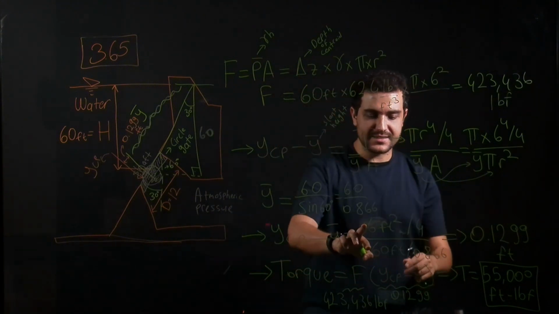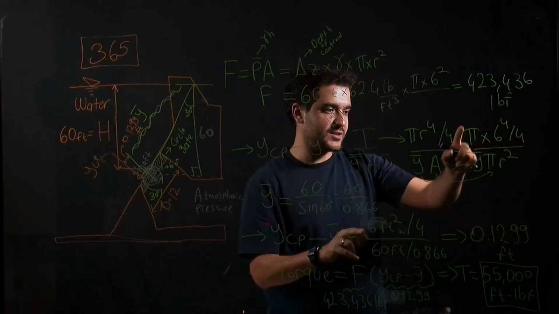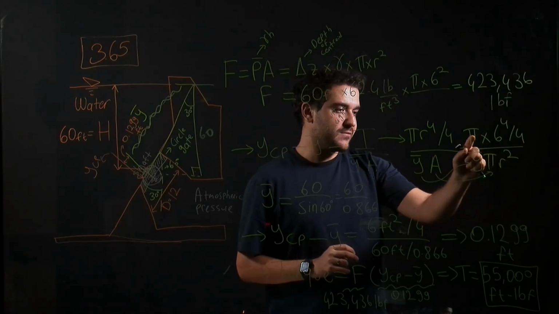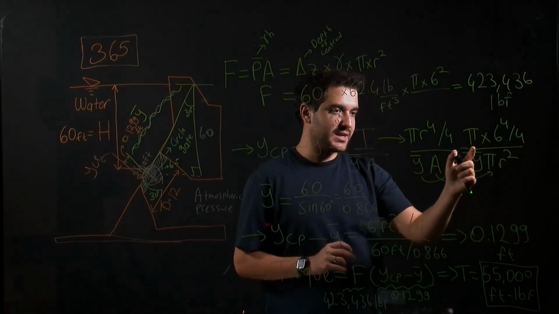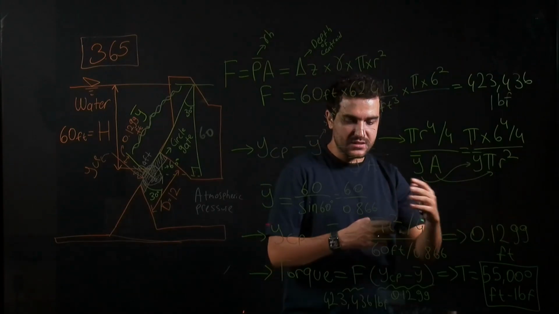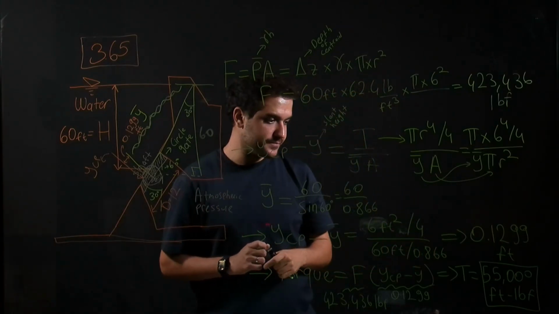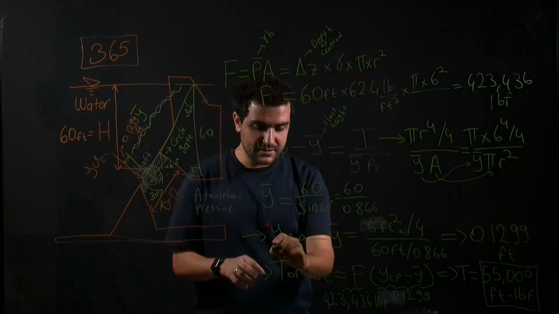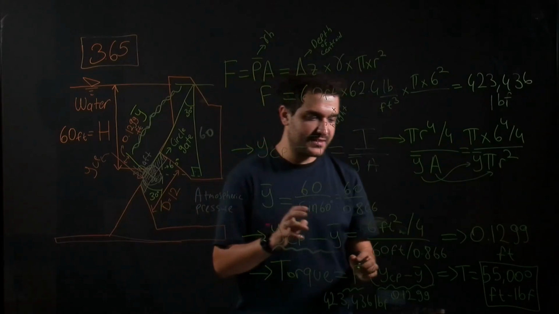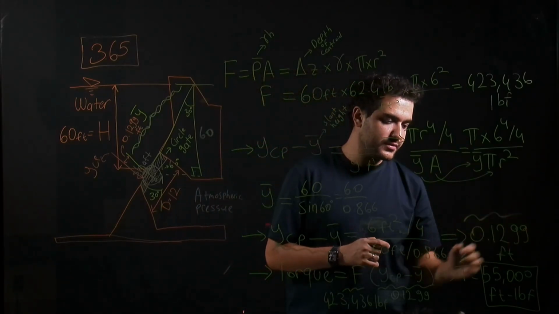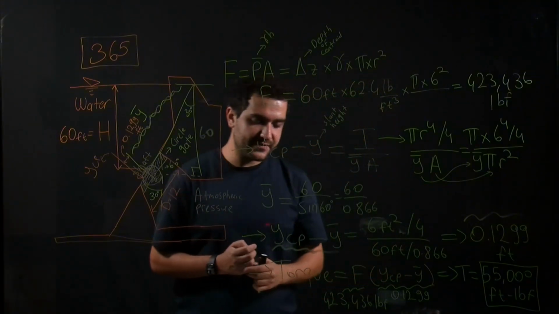This is a simplification of the equation, because we have pi, we have r square, and other common values, so that the distance between center of pressure and centroid will be equal to 0.1299 feet.